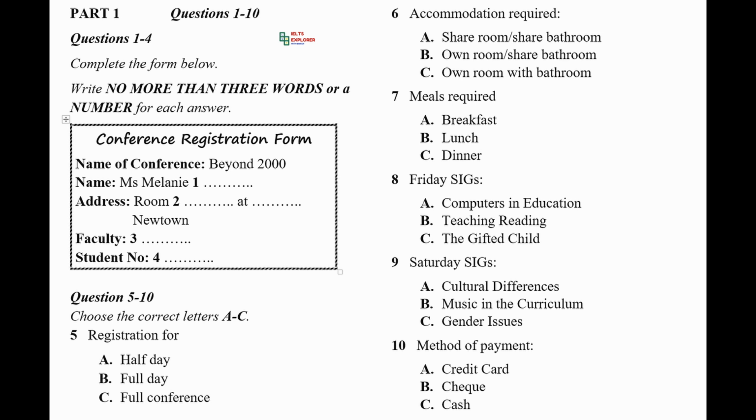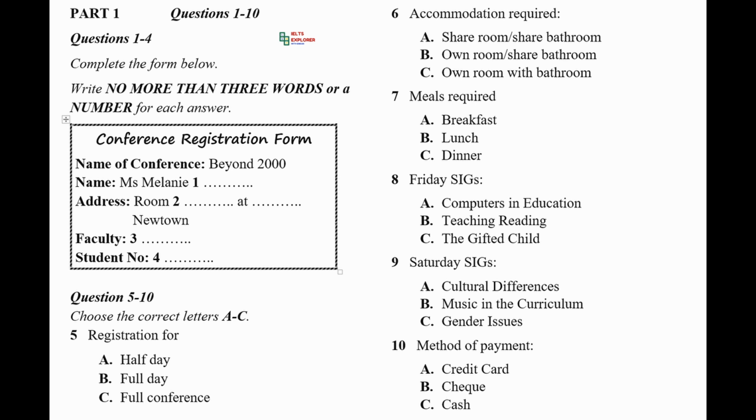They'll take place on the Friday afternoon and Saturday morning, but they're filling up quickly, which is why you need to nominate now. Right. What are the SIGs? Well, there are 6 altogether.